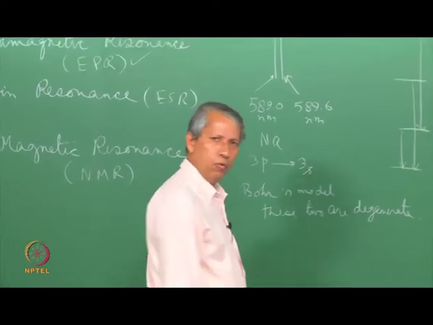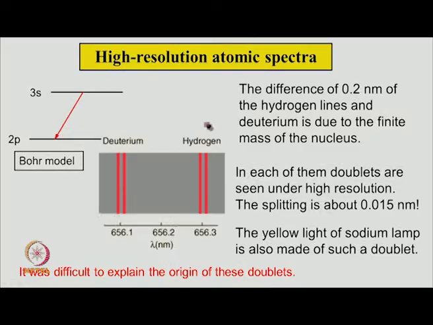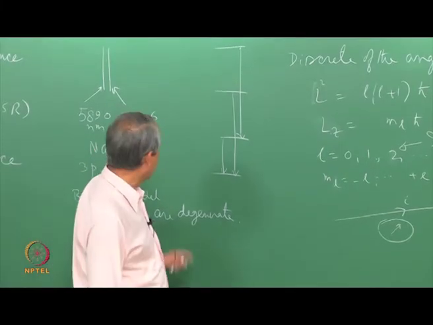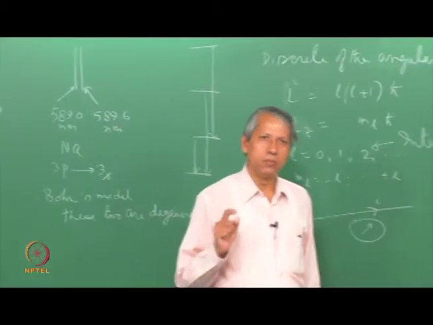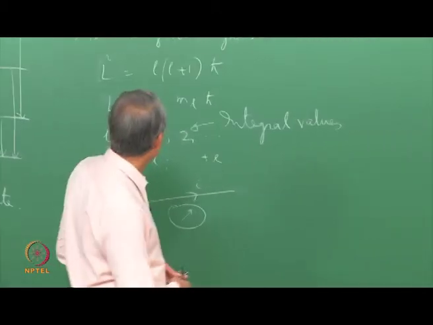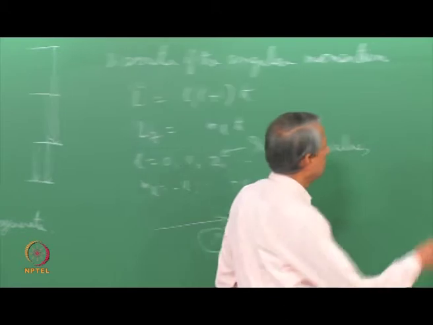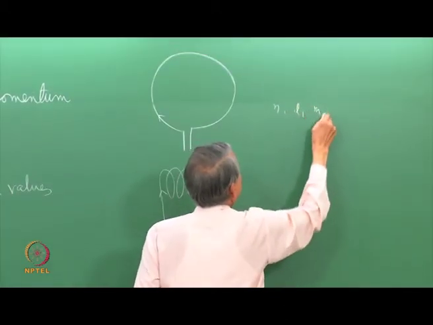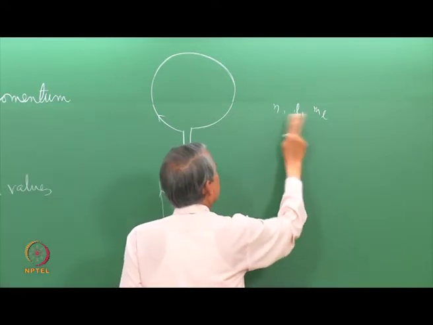So Pauli, Wolfgang Pauli, said that he could explain many of these doublets, not necessarily this particular one or this particular one, but many such doublets could be explained if it is assumed that electrons are allowed to take these quantum numbers n, l and m_l in pairs, that is, 2 electrons will have the same values of this kind, not more than that.